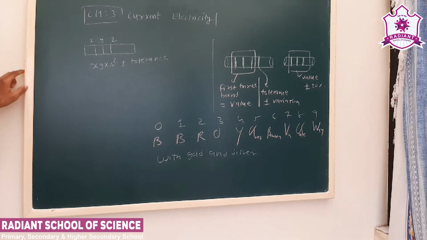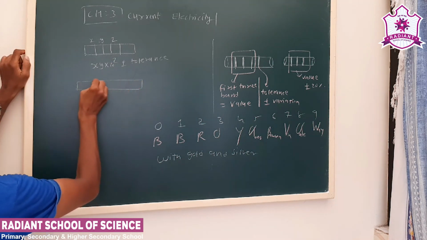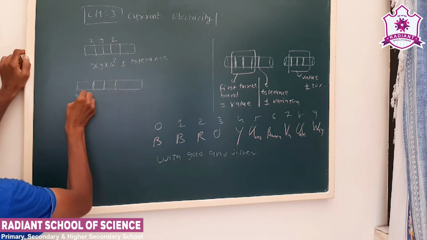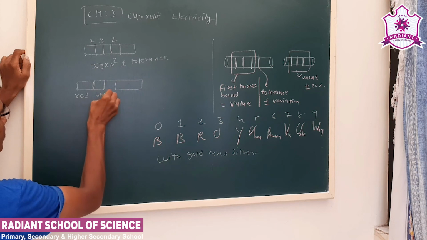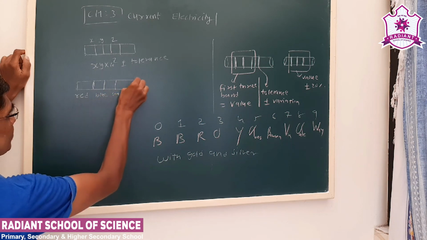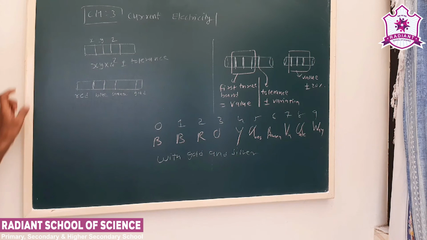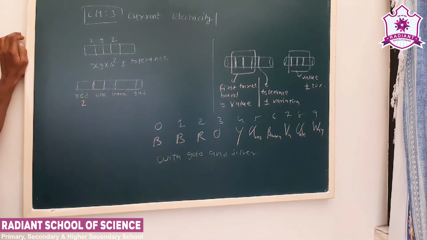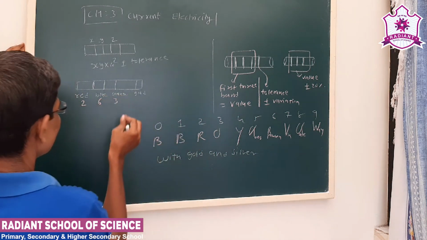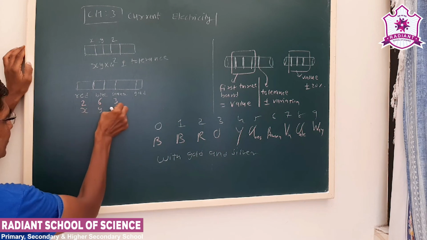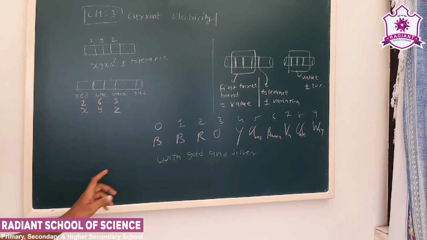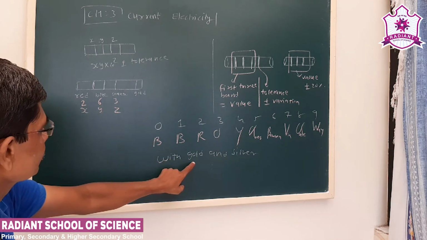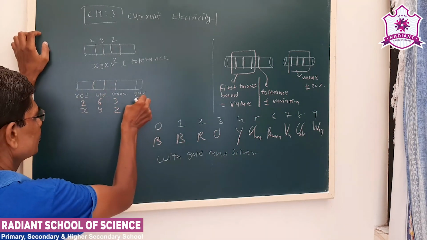Okay, now let us say the fourth one shows the tolerance. Let us say the 4 bands are like this: red, blue, orange and gold. Now see, red is assigned as 2, blue is assigned as 6, orange as 3. Now these will be our X, Y and Z, and gold has a tolerance of 5%.